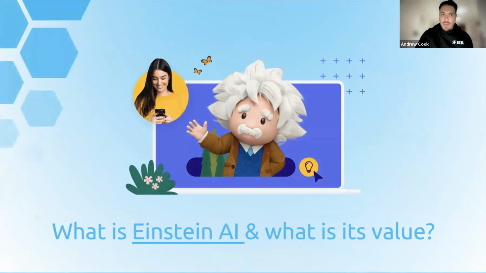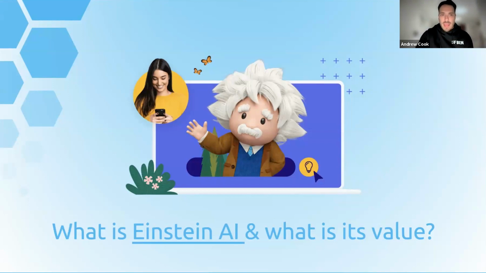All right, so here's the big question that we need to start with for this webinar. What is Einstein AI and what is its value? Einstein AI is a set of AI capabilities embedded within the Salesforce CRM platform. It helps businesses to automate tasks, personalize experiences, and make better decisions across all areas: sales, service, marketing, commerce.